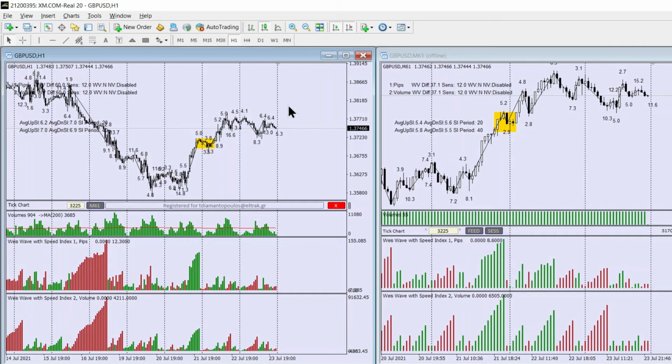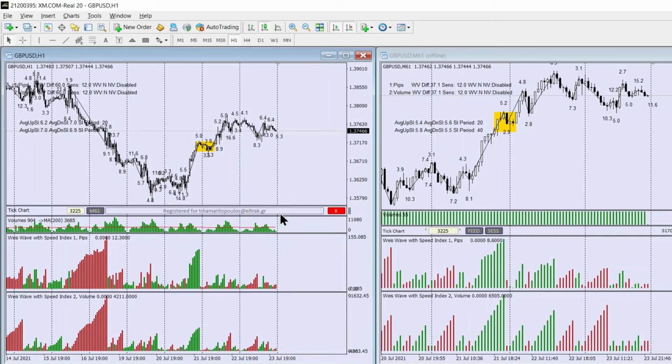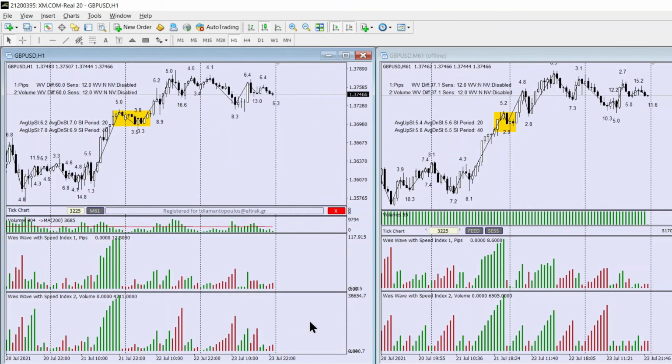Now look how nice, let's zoom in here too. The volume waves look like this, okay? Because they're constant, each bar is adding a constant number, it's adding 3,225 ticks. Look also at the following.